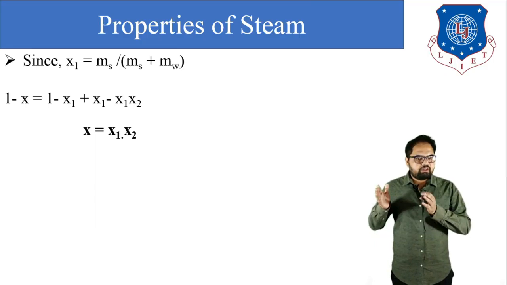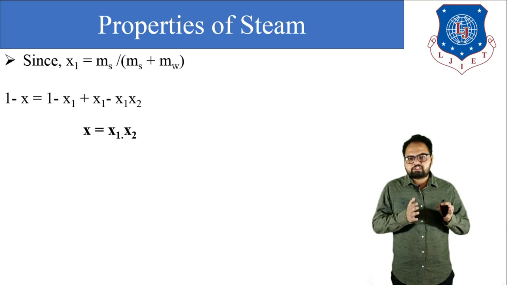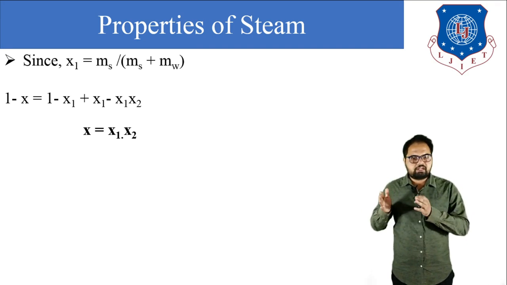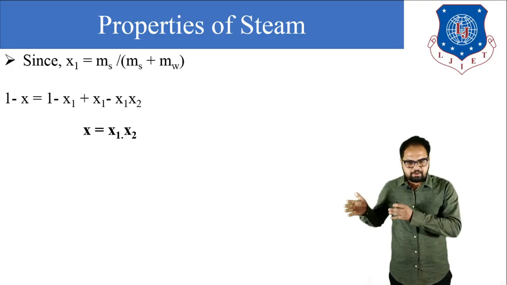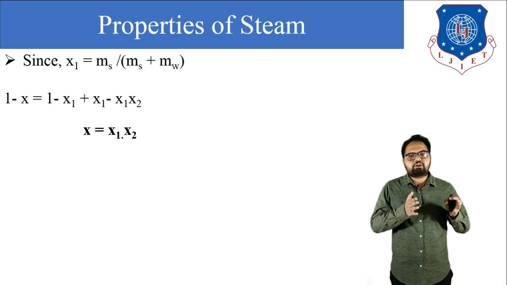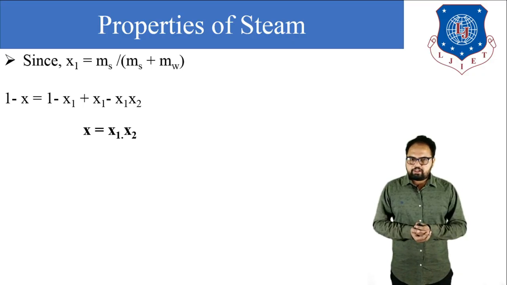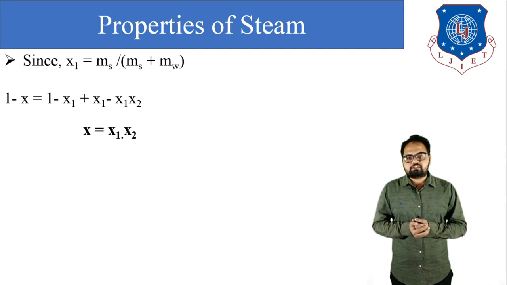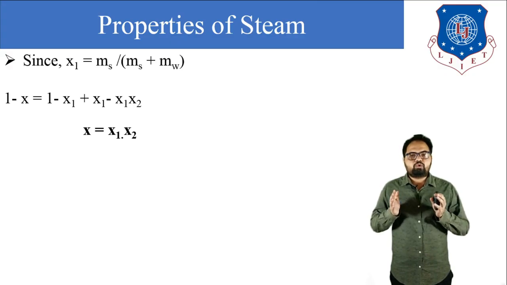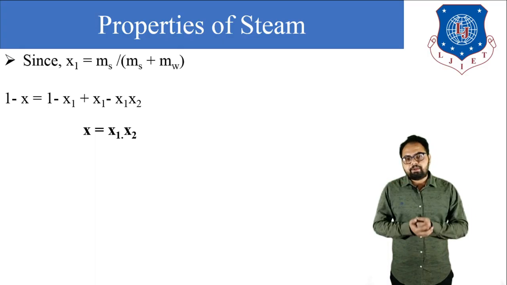So we now have the values of x1 and x2: the dryness fraction measured by the separating calorimeter and the dryness fraction measured by the throttling calorimeter. Now for finding the combined dryness fraction, we need to calculate the total water present in the main steam line.